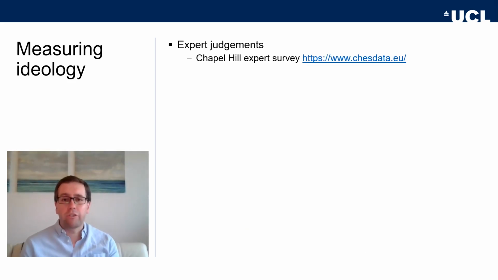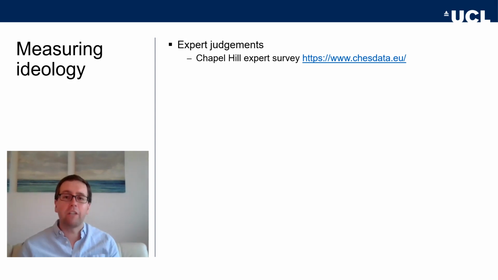One of the methods to get at the positions of parties in an ideological space is a method that is actually quite similar to what you've done for your first homework task. I asked you to identify for all parties in parliament in a country that you know well where they stand on a left-right scale. And this is essentially eliciting expert judgments.